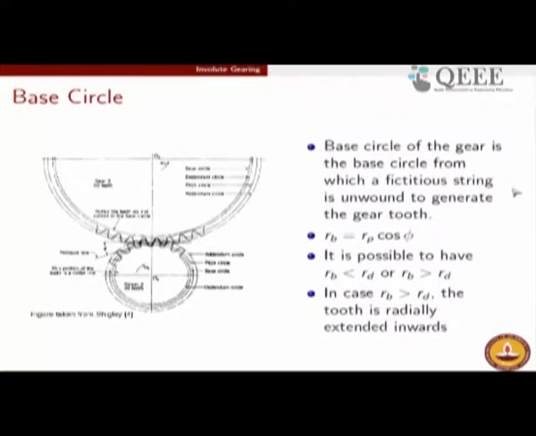So, therefore, what is usually assumed is that the portion below the base circle, in case you have the situation that base circle turns out to be larger than the dedendum circle, the portion in between the base circle and dedendum circle is simply a radial extension. It cannot be an involute. I will just explain myself once more in these notes.